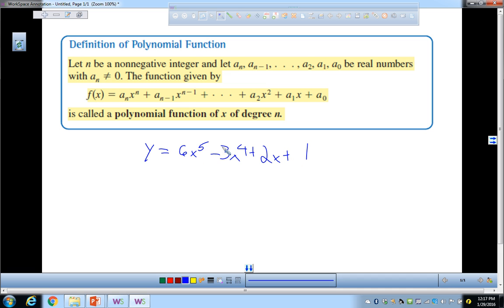That's a polynomial function. All this says is that all of the exponents need to be positive integers, okay? And these are the coefficients, and usually when you arrange a polynomial function, it goes from highest degree down to lowest degree. So the degree of this polynomial would be degree 5.